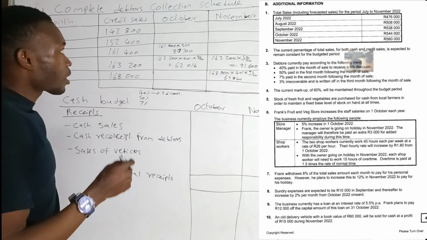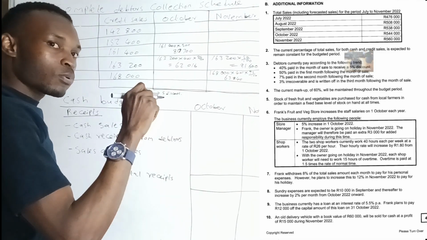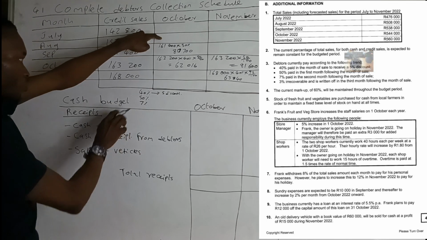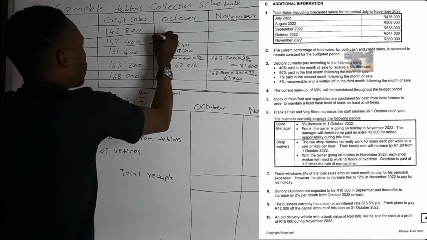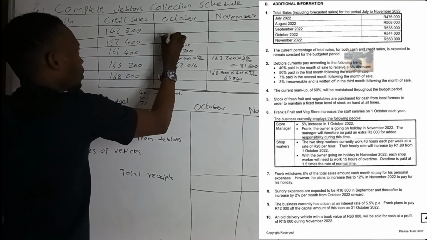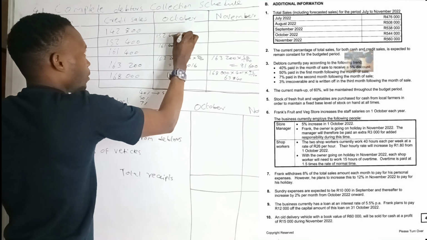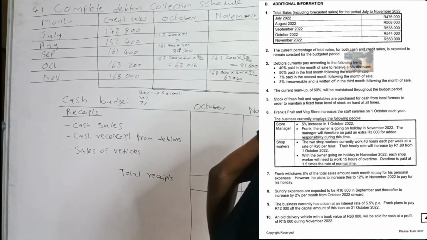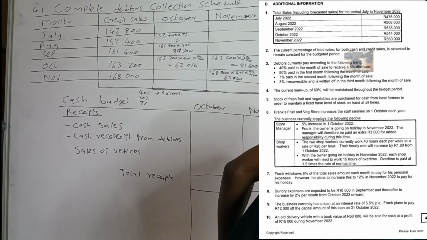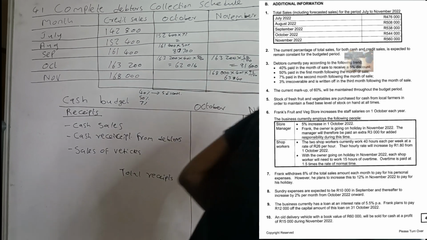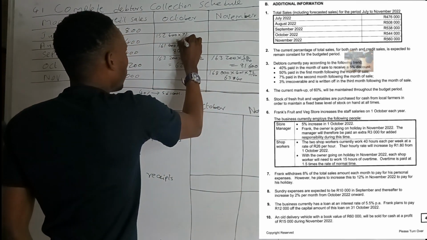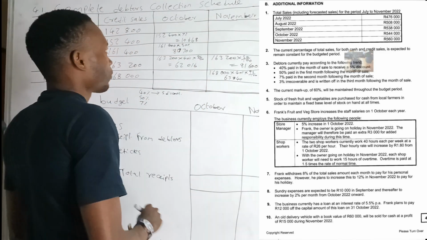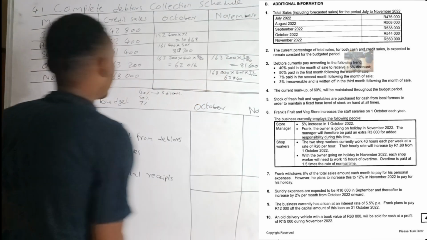August, we're gonna skip September and we go to October, which means that yes is there. We are going to use a 7%. 152,400 multiplied by 7%. Okay, which is going to give us 10,668.